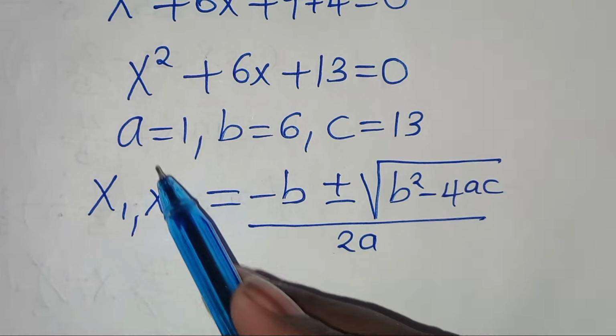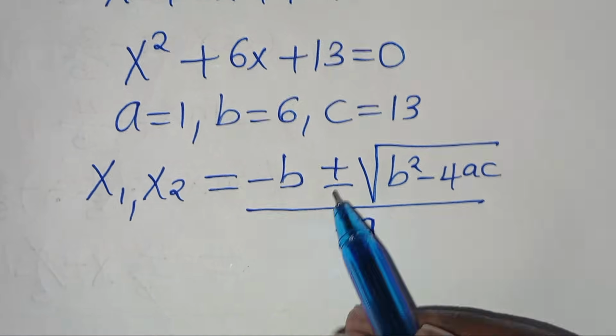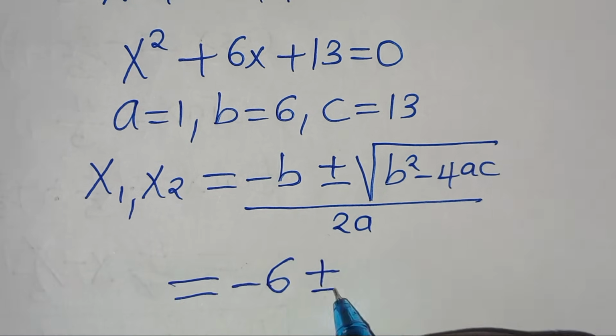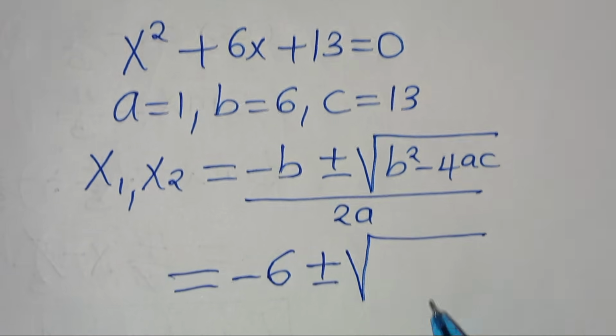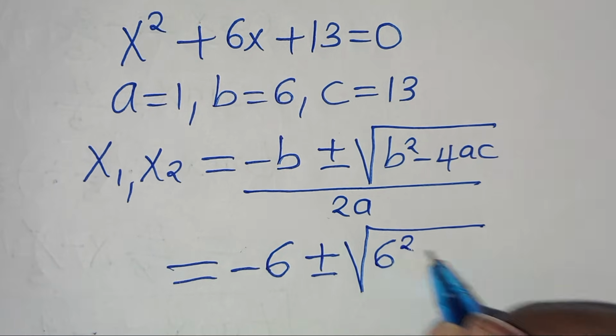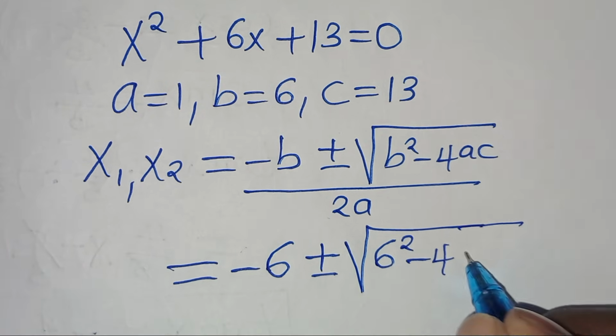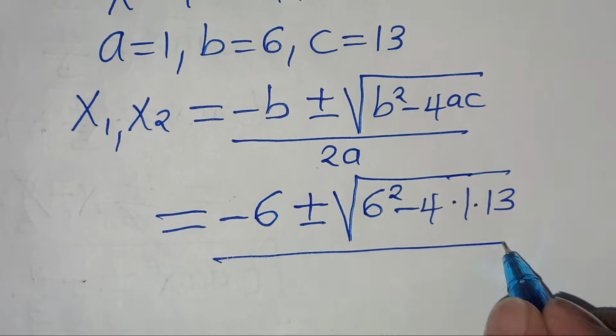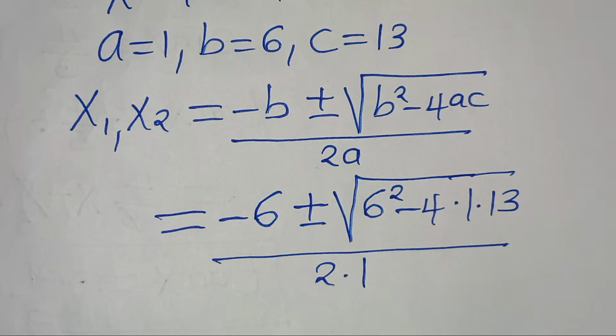Now let's substitute a, b, and c in this formula so that we have (-6 ± the square root of 6^2 - 4 times a, which is 1, times c, which is 13) divided by 2 times 1.